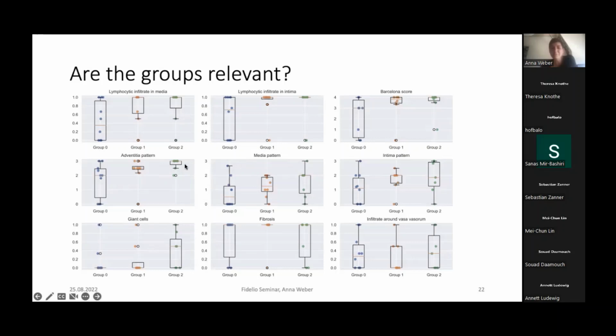But the main thing I want you to see here is that with this low number of patients that we have, it's just impossible to see any kind of statistically relevant effect. If you have 25 patients and you divide them up into 3 groups, you're going to have very small groups, and that's just not going to be enough to find patterns here.